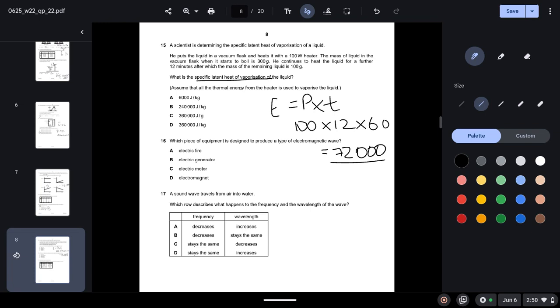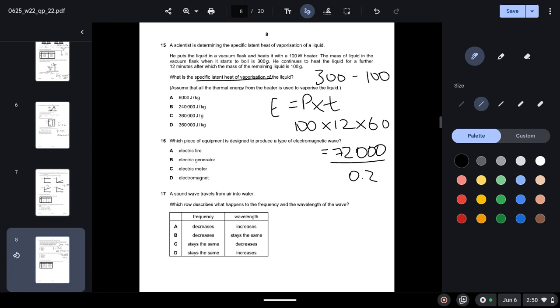So what is the specific latent heat of vaporization? So 72,000 divided by 0.2, so it would give us 360,000 joules per kilogram. You need to divide it by 0.2. Why? Because 300 minus 100.